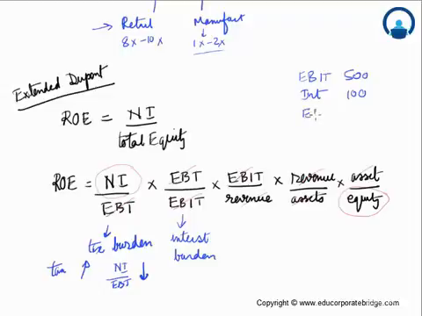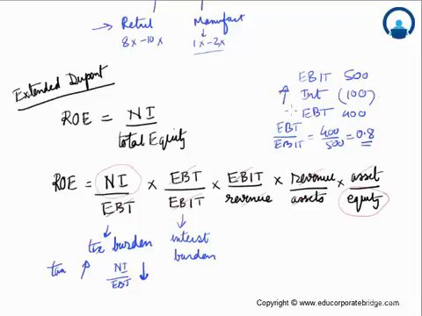So what will be EBT? EBT will be 400. So in this case your EBT divided by EBIT will be equal to 400 divided by 500, that is 0.8.